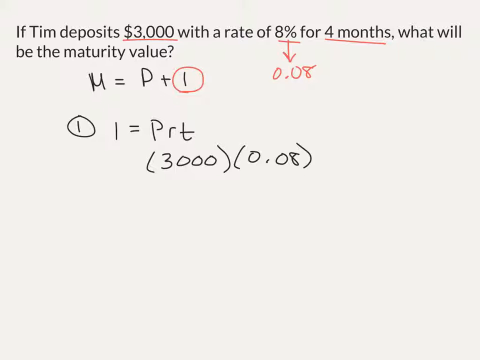Remember, T should always be given in terms of years. Since there are 12 months in a year, I can rewrite 4 months as 4 over 12, which is 0.3333 repeating if we convert this to a decimal. And remember, you just divide the bottom number into the top number to convert to a decimal.